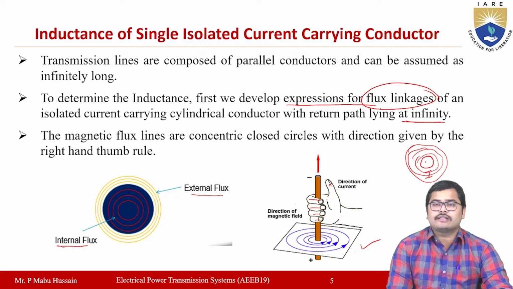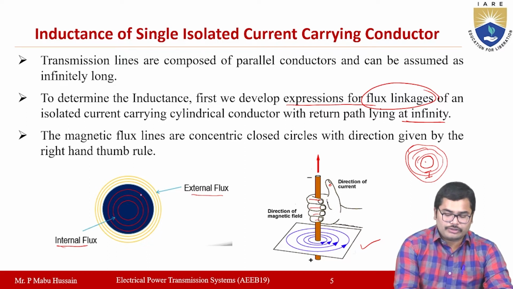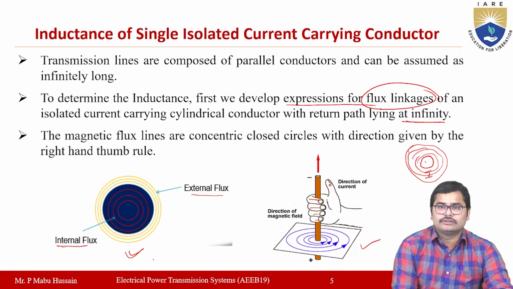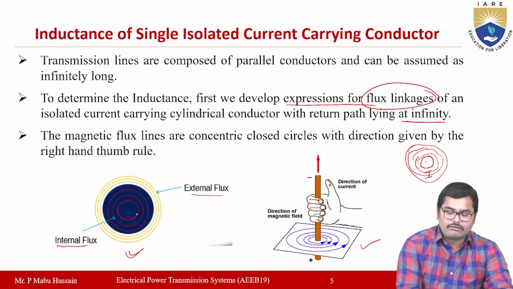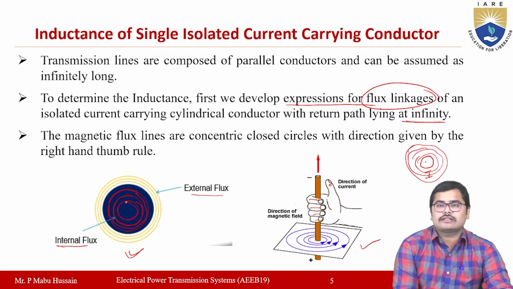Once the conductor is carrying the current, it will produce the flux. Some flux will be internal to the conductor, some flux will be external to the conductor. If you observe this figure here, some flux lines are inside the conductor, and this flux is always represented with concentric lines.